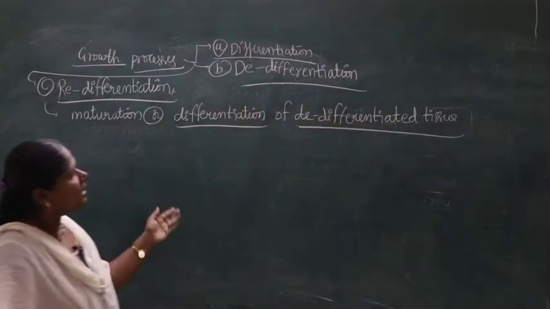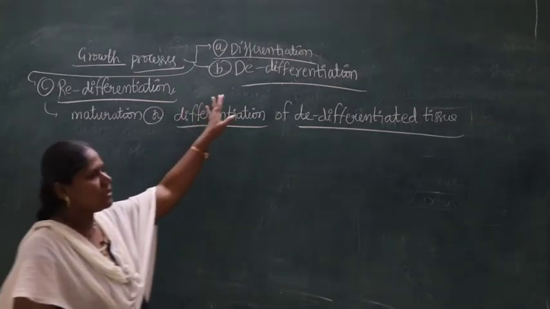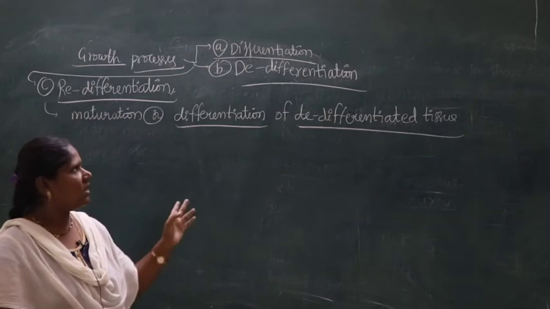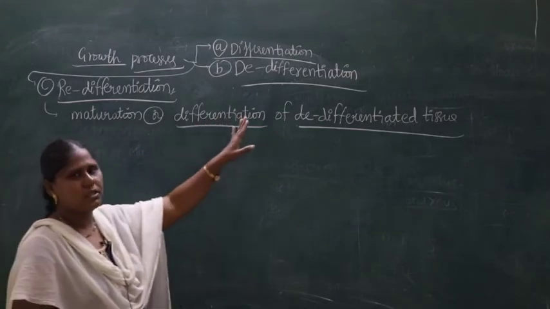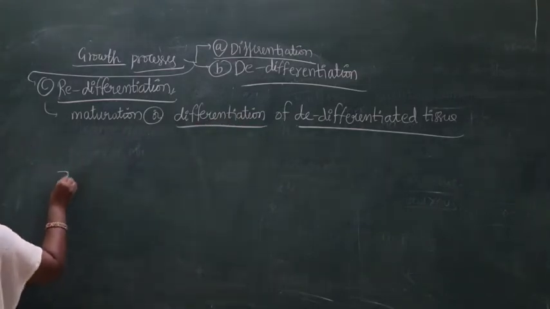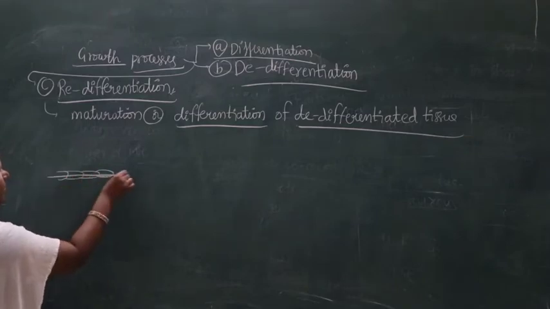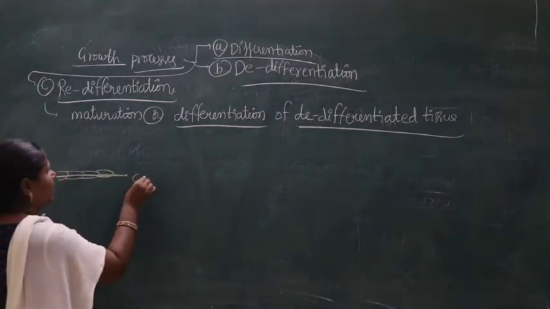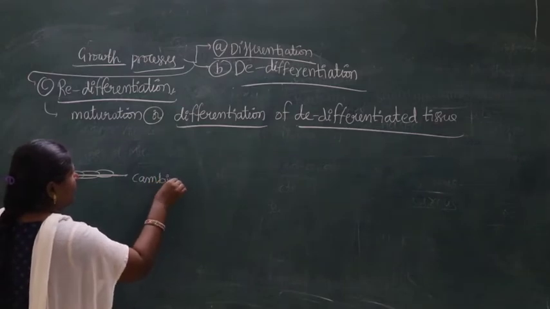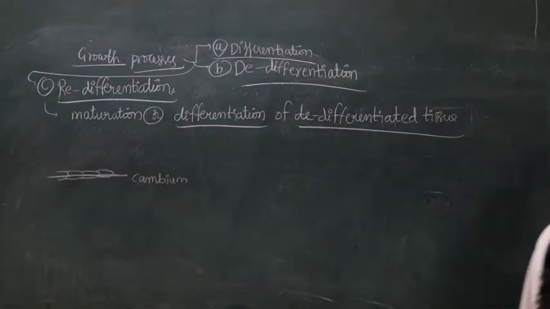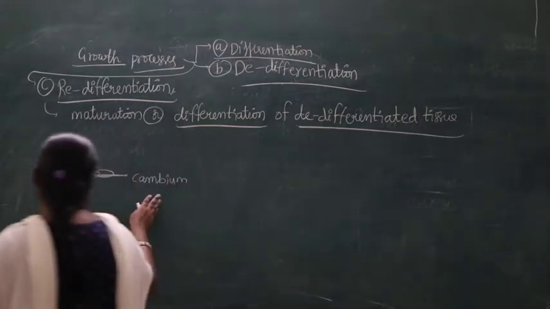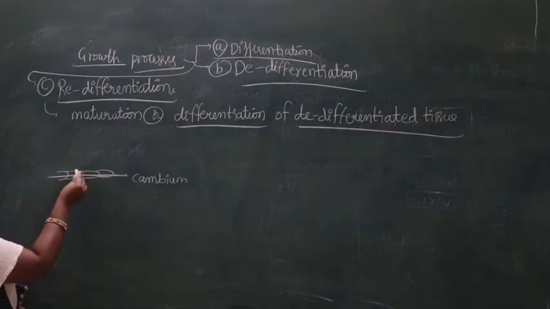What's the meaning of de-differentiated tissue? You all understood what is called de-differentiation. Now what did you study in de-differentiation? Now let us talk about cambium. Cambium once again may become meristematic and starts producing new cells. Do you remember secondary growth of dicot stem? So here in this case, cambium divides and produces new cells.